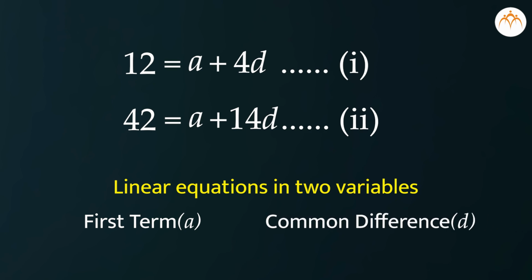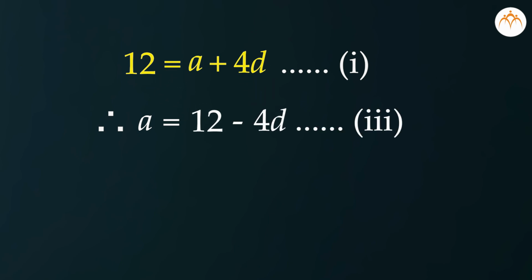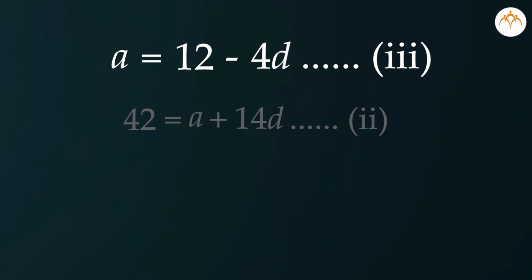Now from the first equation, 12 is equal to A plus 4D. This is equation 1. Therefore, A is equal to 12 minus 4D. This is equation 3. Now, let's substitute this value of A in the second equation. The second equation was 42 is equal to A plus 14D.